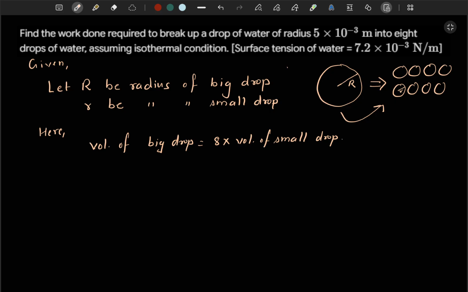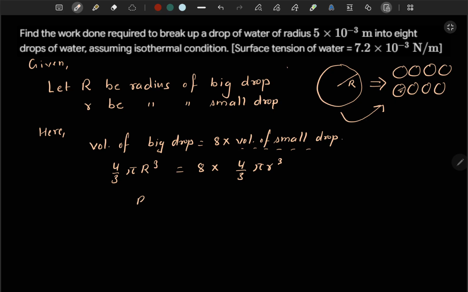Now in such a case we will apply the formula of volume. The drop is a spherical shape, so volume 4 by 3 pi R cube is equal to 8 into the volume of a small drop, 4 by 3 pi small r cube.